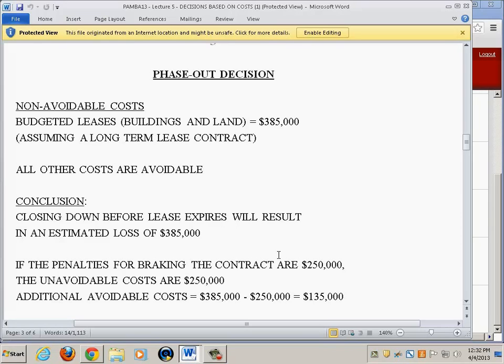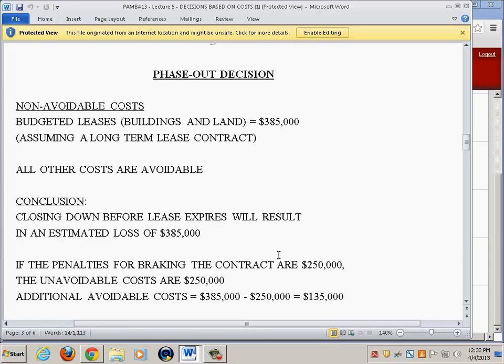Now you have to examine your contract carefully, because in many contracts the provisions are that the contract for the building and the land expires at 2013. But you can get out of the contract if you pay a penalty. And let's assume that the penalty is $200,000. Then what is the unavoidable cost?